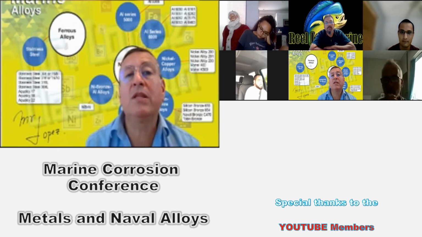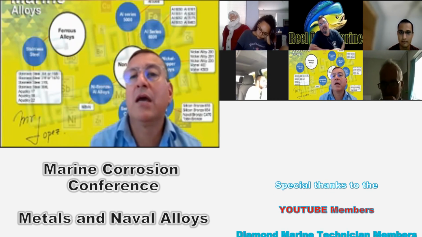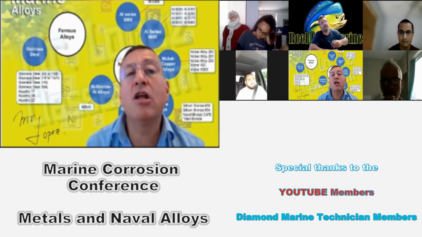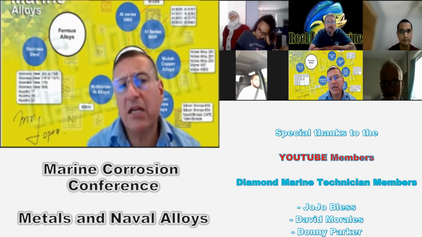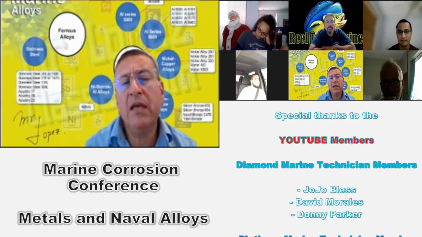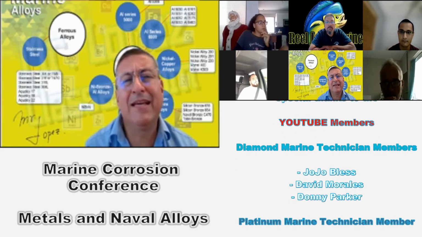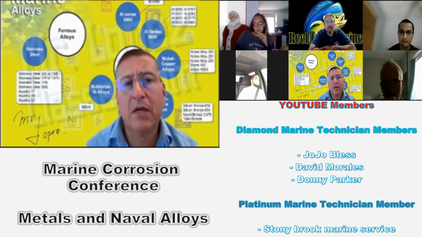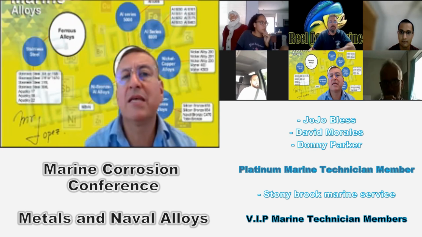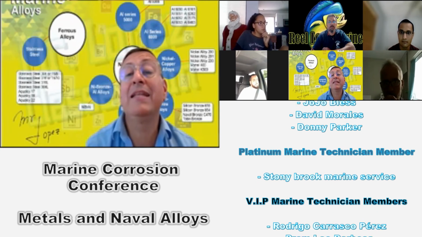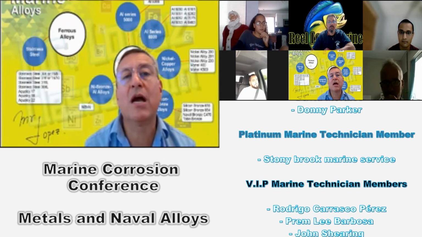Later, I am going to explain what the name of that alloy is and what the contents of that alloy are. And magnesium is basically another alloy, but it's basically 98% magnesium. And zinc is practically pure zinc. Zinc is excellent in salt water. Later, we are going to talk about that.